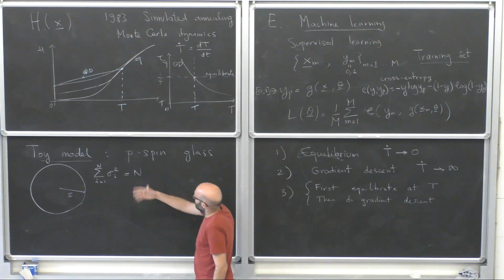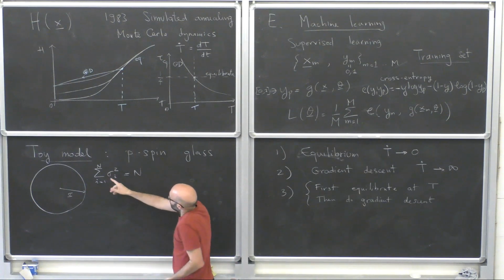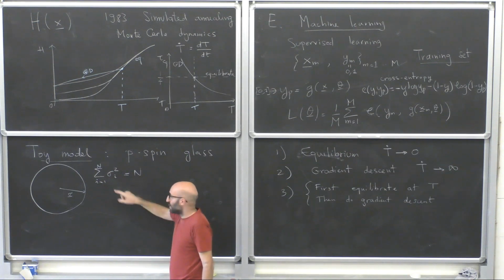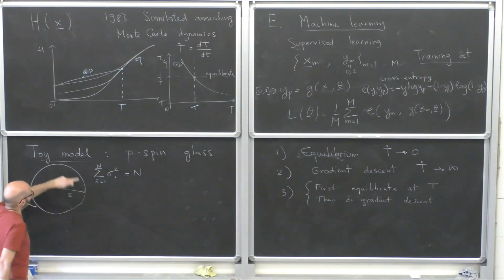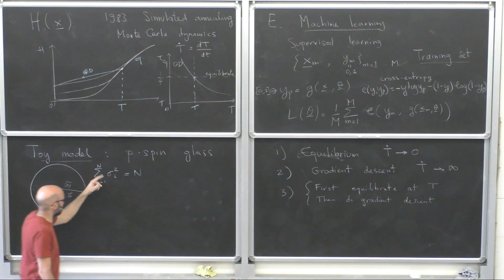The reason for the n is that this means that typically these components are going to be of order 1. So this vector sigma is a vector on the sphere of radius square root of n in n dimensions. I have n of them.